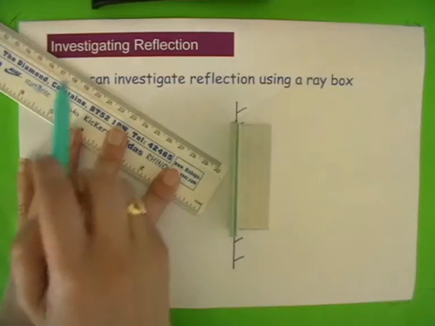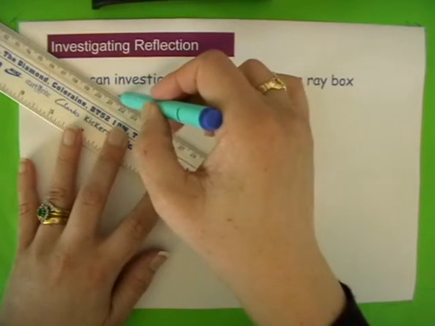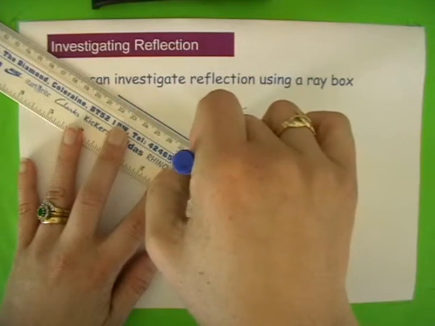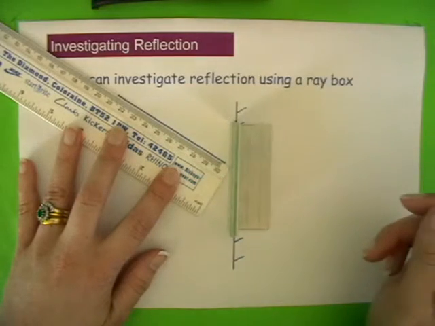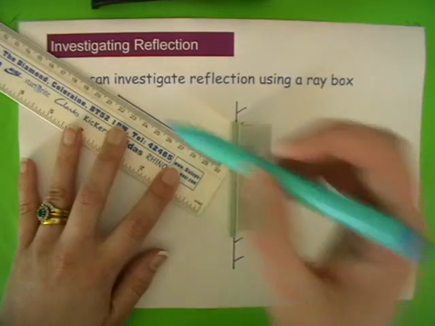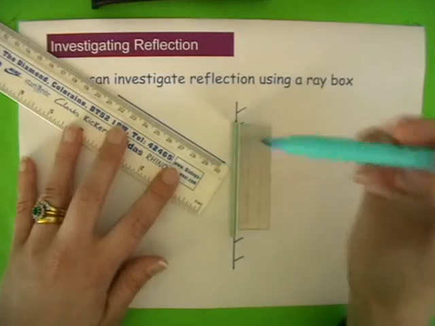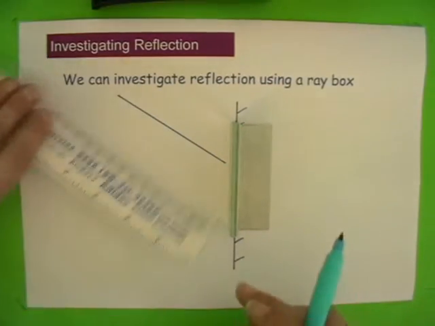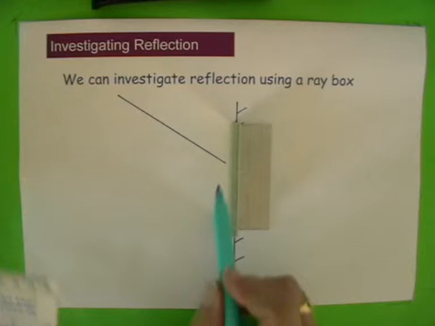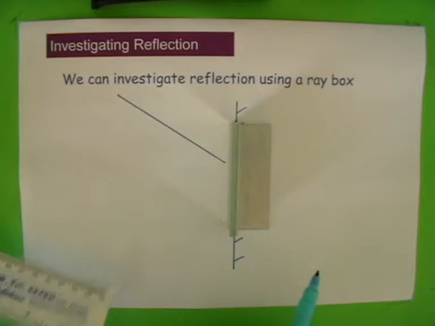For example, this ruler could represent the ray of light. So it's coming into the mirror, and when we have the ray of light coming in, we put some dots along it and some dots along the reflected ray, which will be out in this direction.